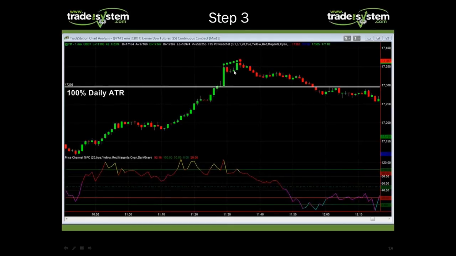Anytime you're at extended places, I talked about this right at the beginning of the chart, knowing your levels and knowing which part of the trend you're at. In this screen capture I went back, but in this instance, the ATR was right here. That means that in today's case, we would be up 200 points on the Dow, okay?